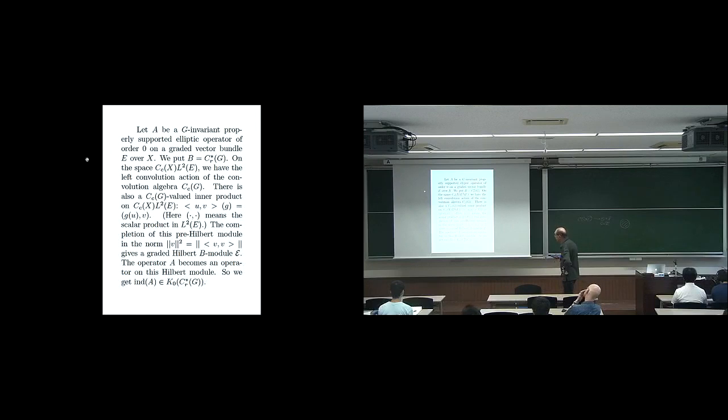It's important that the operator is G-invariant, otherwise it will not work. The operator is G-invariant, and if it is elliptic, it will become elliptic and Fredholm on this Hilbert module.